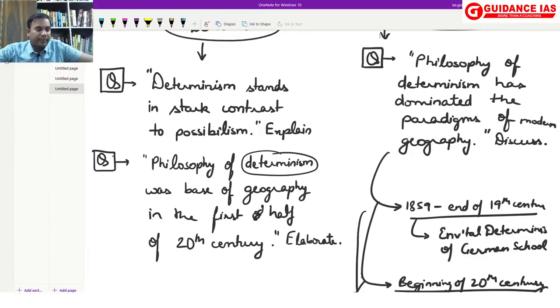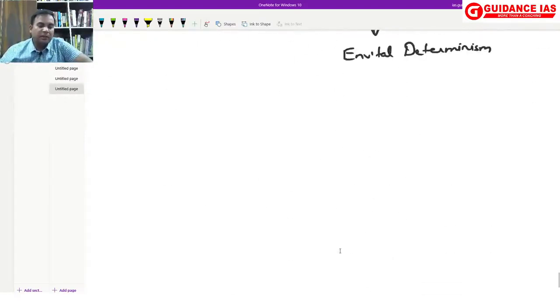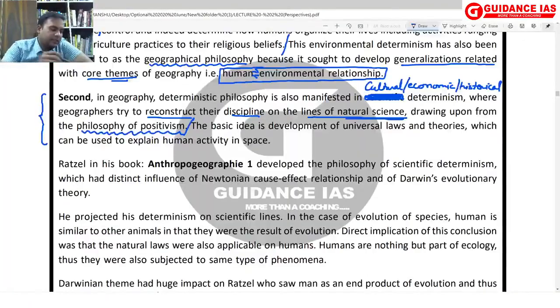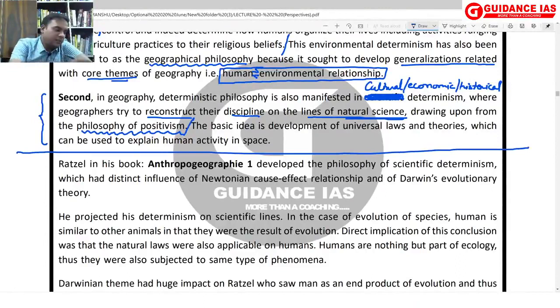ठीक है. So this is how environmental determinism and determinism have developed. I hope I have cleared how determinism has developed in geography. So from here on, the discussion is more on the first type, that is environmental determinism.